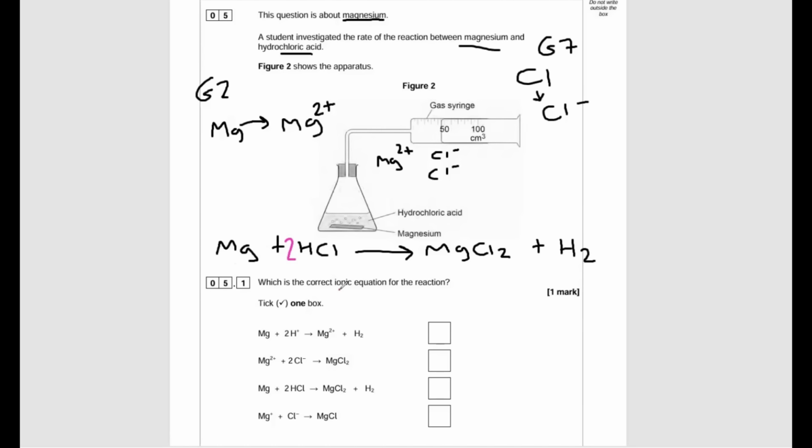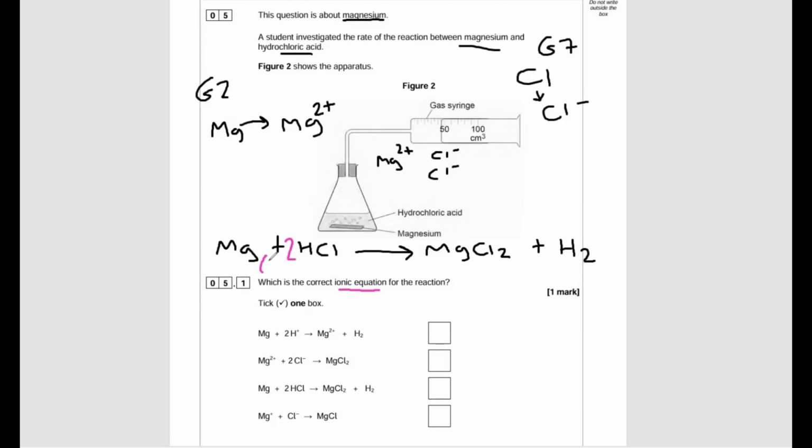Now, we've been asked to do the ionic equation. The ionic equation only shows the ions that are involved in the reaction. It doesn't show what we call spectator ions. How do you know what goes in? There are 2 rules: if it changes its oxidation state or its ionic charge, then it is included in the equation, or if it changes its physical state.